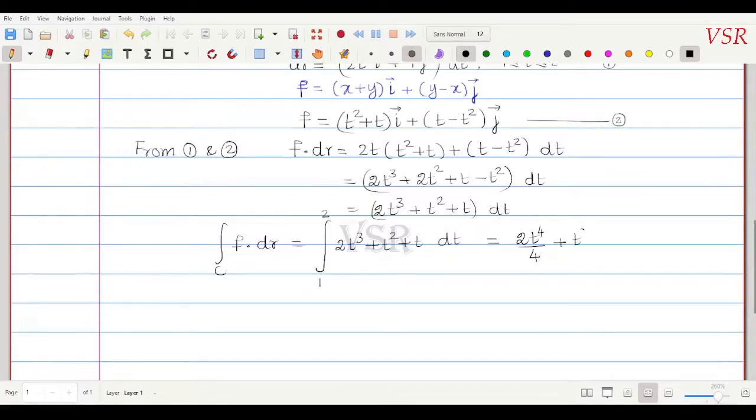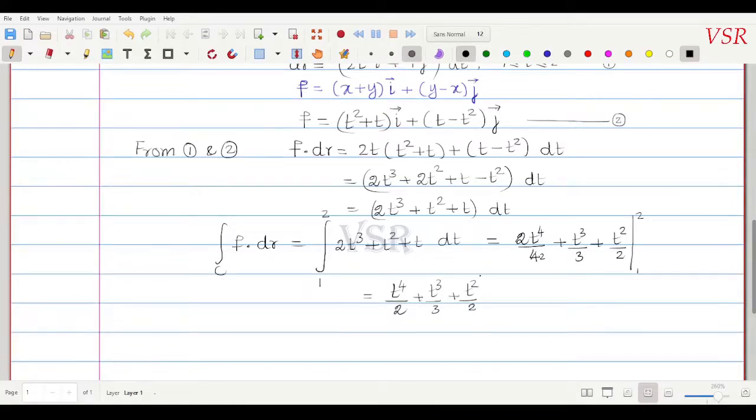t cube by 3 plus t square by 2. So this is equal to, of course, the limit varies from 1 to 2. So t to the power 4 by 2 plus t cube by 3 plus t square by 2.